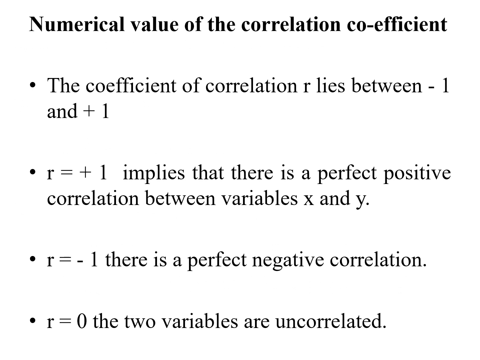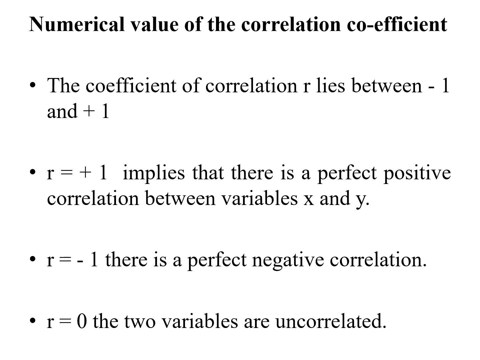So before going to the scatter diagram, first we will see the properties of the correlation coefficient, or the numerical value of the correlation coefficient. The Karl Pearson coefficient of correlation is always denoted by r. This r always lies between -1 and +1. That is given in the first property.